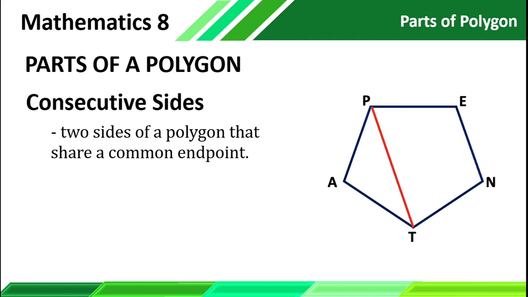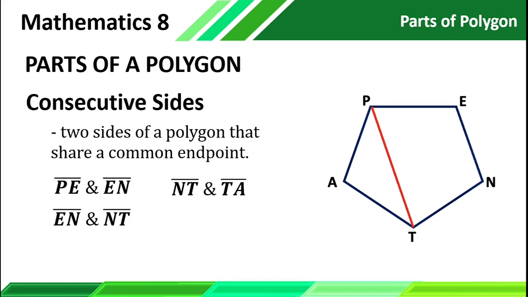Next is consecutive sides. These are two sides of a polygon that share a common endpoint. So we have segment PE and segment EN, segment EN and segment NP, segment NP and segment PA, segment PA and segment AP, and lastly, segment AP and segment PE.